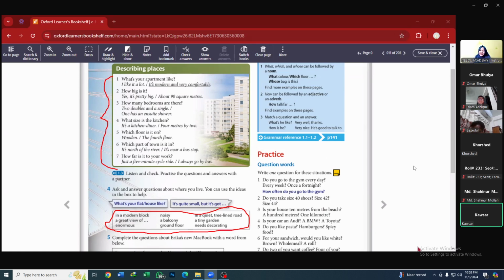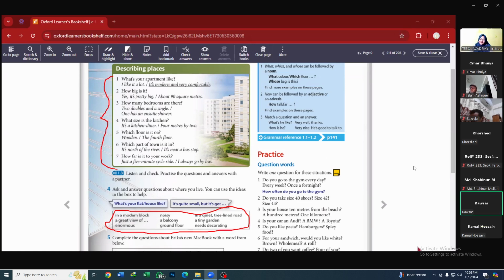Which part of town is it in? It is nearby Nabisco bus stand. Okay, good. Wonderful. How far is it to your work? Like a 5-minute walk away. Very good. Thank you, sir. It is a 5 minute walk away.